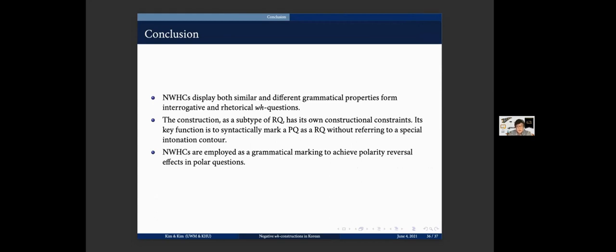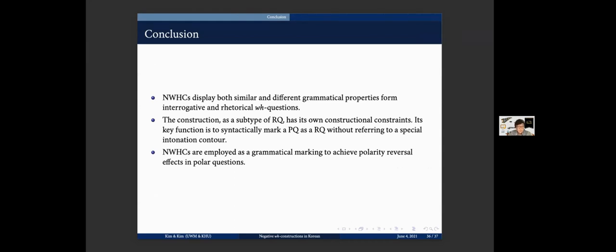And we have argued that the construction, as a special subtype of rhetorical question, has its own constructional constraint. In particular, we suggest that its key function is to syntactically mark a polar question as a rhetorical question without using a special intonation contour.